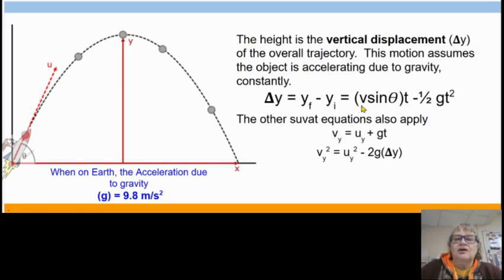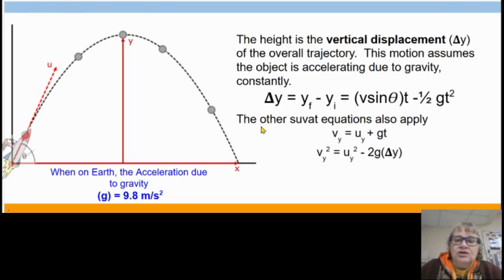So we have our velocity sine theta, that's our y component of the velocity, times t. Then we're going to subtract 1/2 of the gravity, 1/2 of 9.8, times time squared. So this is adding that velocity part to it.